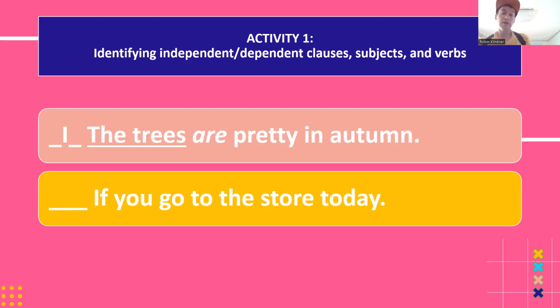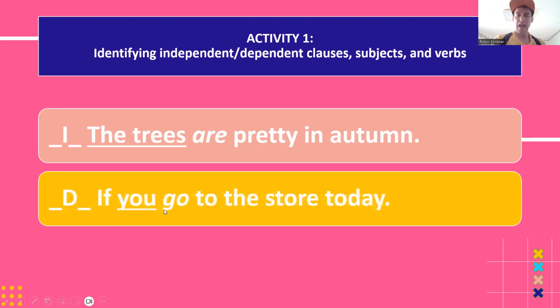If I tell you, if you go to the store today, you'll say, Robin, finish your thought. So that is a dependent clause. And what is the subject? You, and the verb is go. And as you can see here, the dependent clause begins with if.